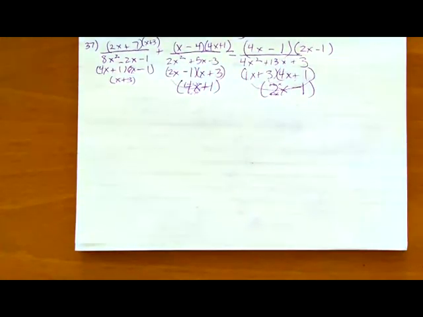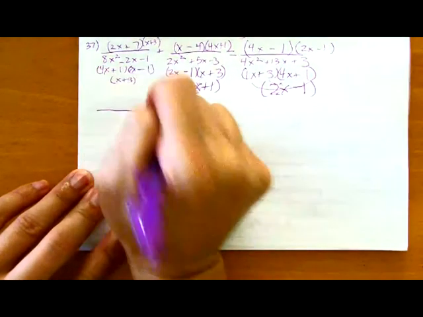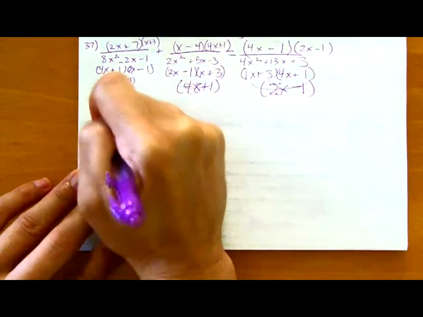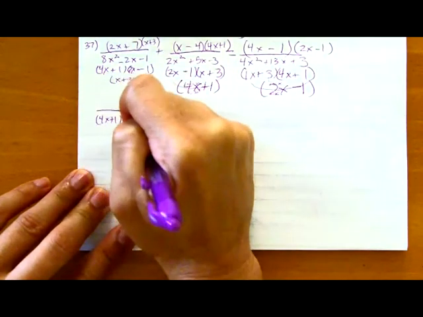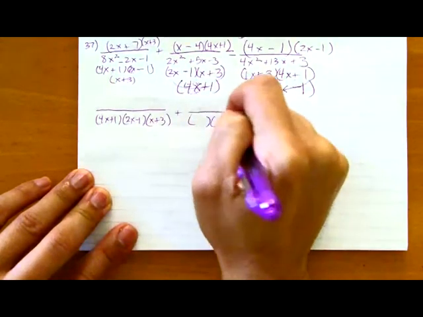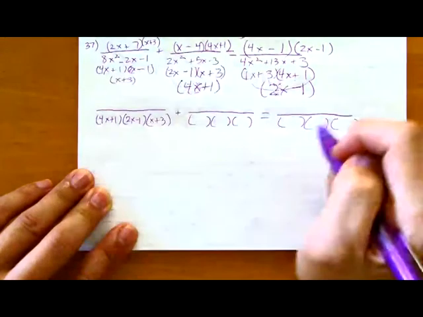Ooh, okay. So we have 3 parentheses as a common denominator. 4x plus 1, 2x minus 1, and x plus 3. Okay.